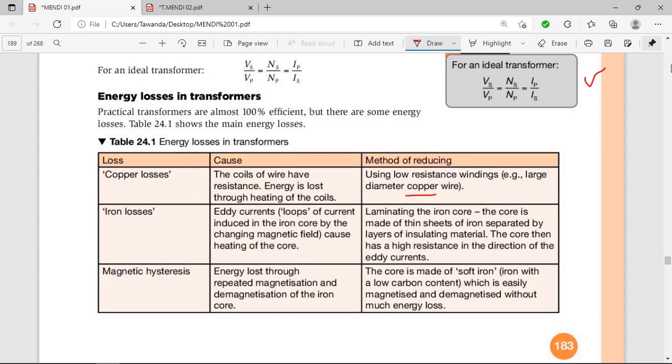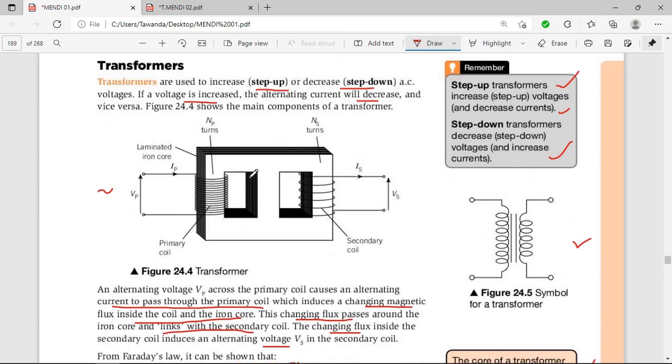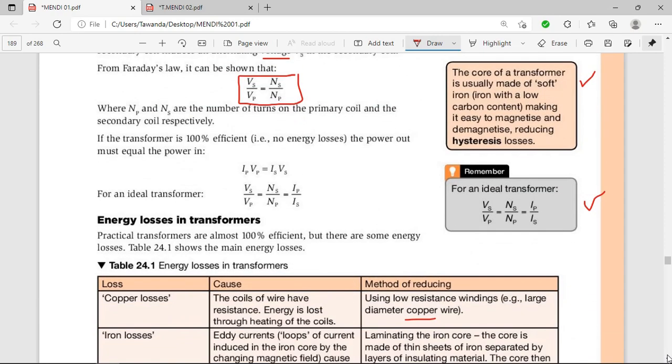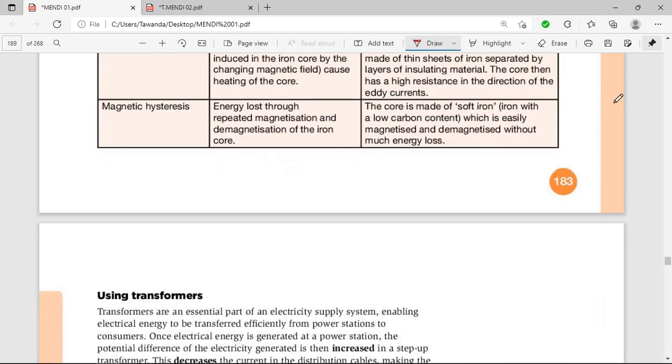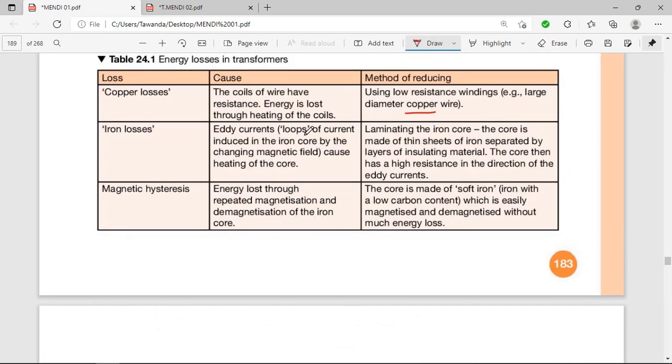Then in iron losses, we also have losses in the iron. We have eddy currents, loops of current induced in the iron core by the changing magnetic field, which cause heating of the core.